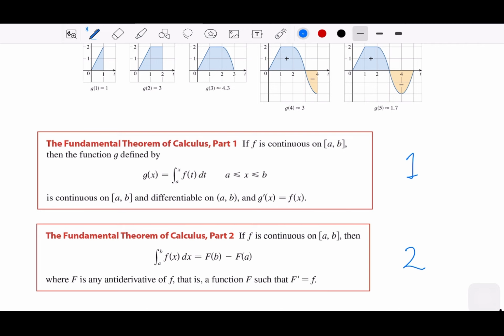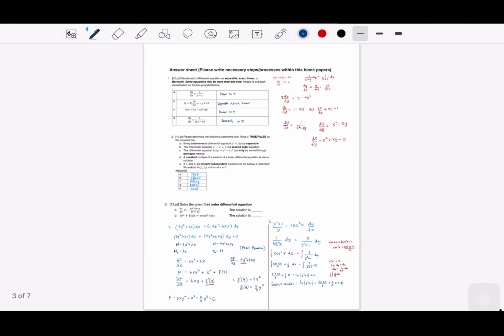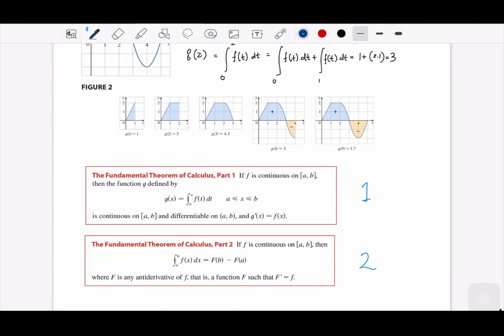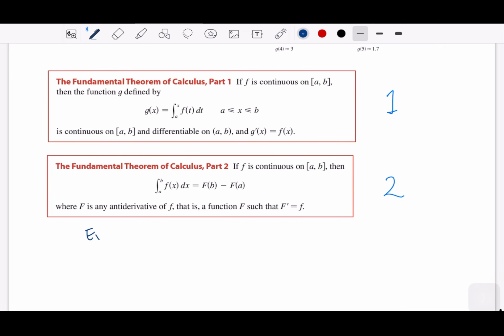One conclusion from these two connections is that every continuous function has an antiderivative F. And you could see that we could write down this expression.